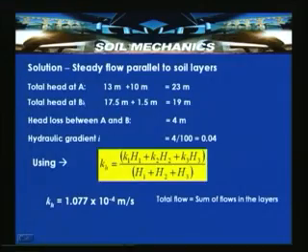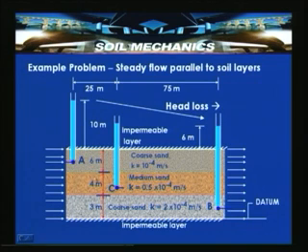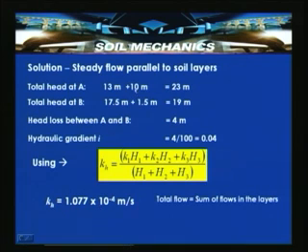For the solution of this problem, having selected the datum at the bottom impermeable layer, we compute the total head at A. If you look into the previous slide once again, it is 7 meters plus 13 meters, the total thickness of this layer. Total head is elevation head plus pressure head, which is around 23 meters.